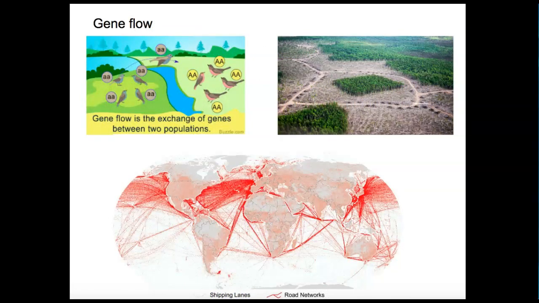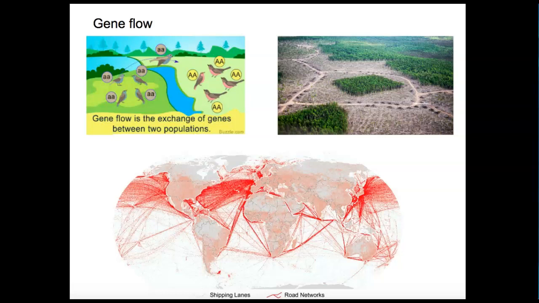So gene flow is affected by barriers between different populations of individuals of the same species. How big the barrier is determines the amount of gene flow between those distinct populations.